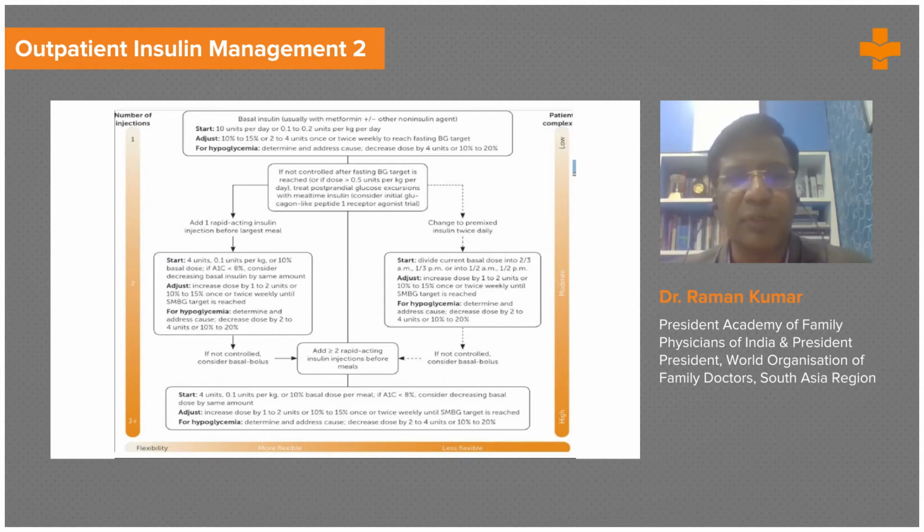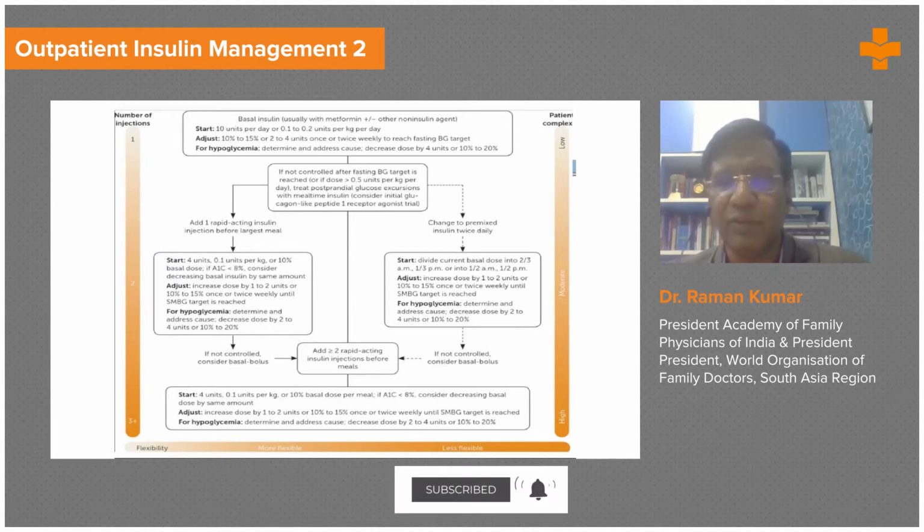So what we learned till now: to start insulin, it should be 0.1 to 0.2 units per kg body weight. For a 50 kg adult person, it would be around 5 to 10 units. Practically, we take it as 10 units.